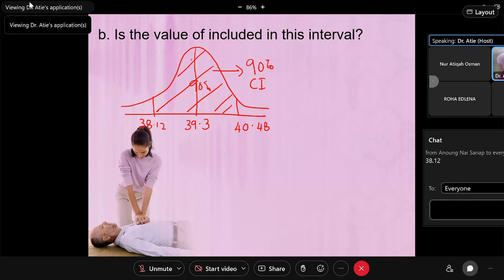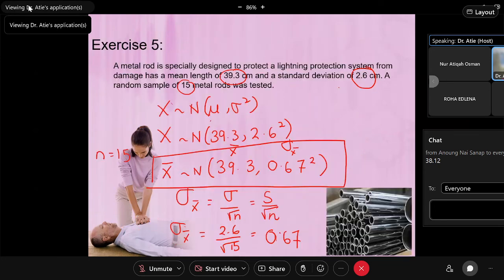Right, so let's answer part B. It says, is the value of mu included in this interval? Okay, what is our mu? Remember, our mu always equals our mean, x bar.